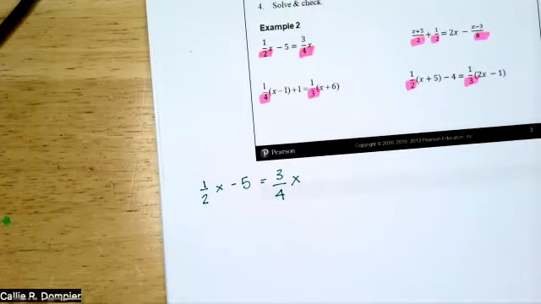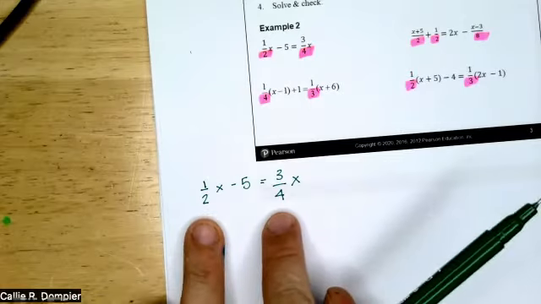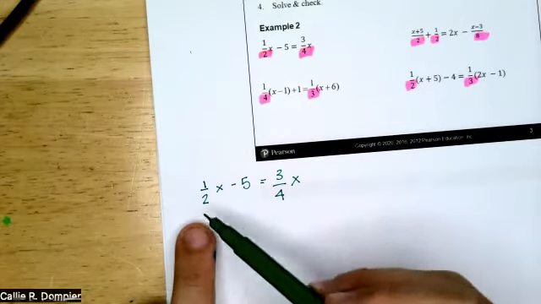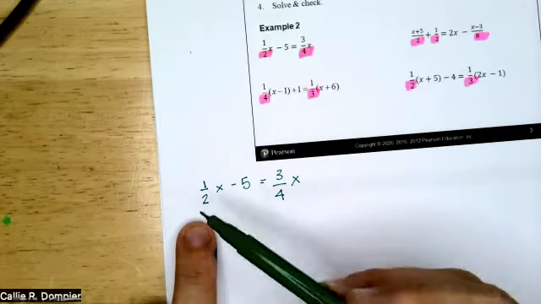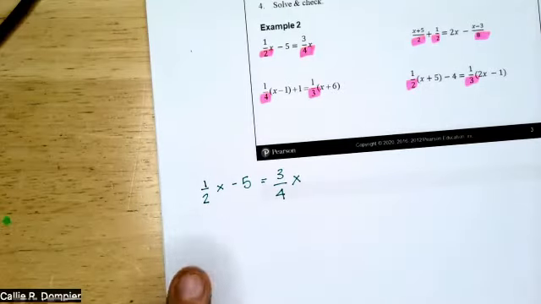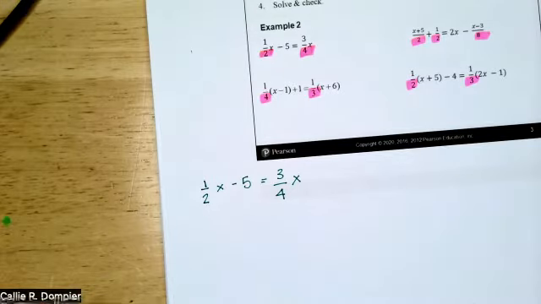So the smallest number that, if I multiply this by a number, I'll get 4, and if I multiply this by a number, I'll get 4, my least common denominator. Okay, so you're looking for a multiple of 2 and a multiple of 4, but the smallest one possible. In this case, it's 4.